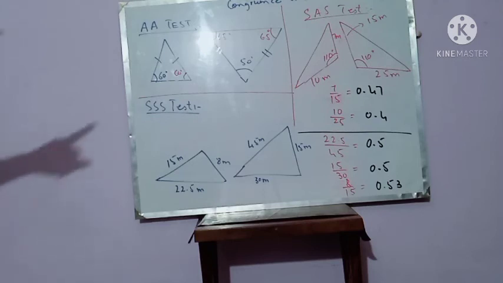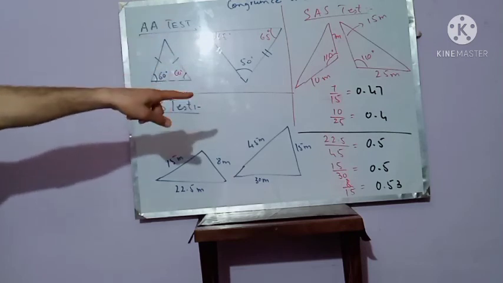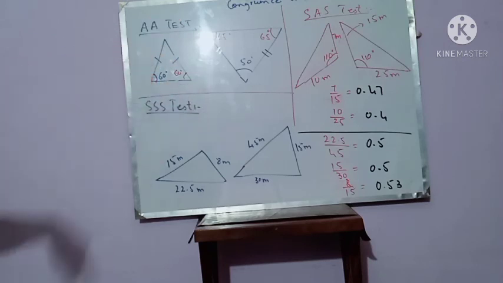You can see that the 110 angle is the same in both figures, and that 110 angle is between the two corresponding sides, 10 meter and 7 meter, and there 15 meter and 25 meter. So this 110 in both figures is between the two corresponding sides. So the A is in the middle of S and S, right?